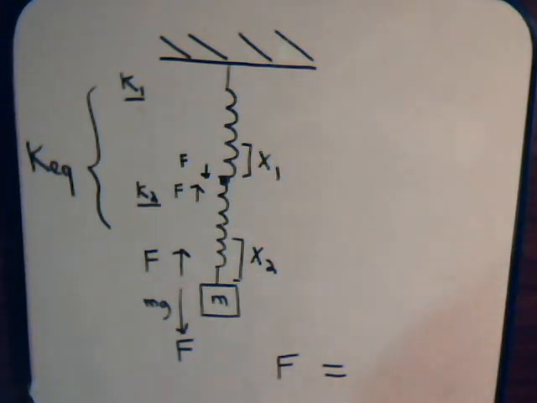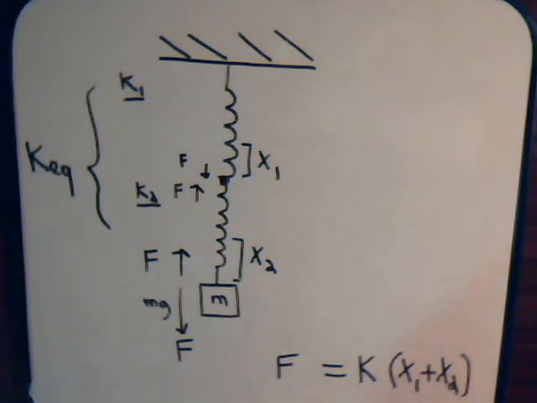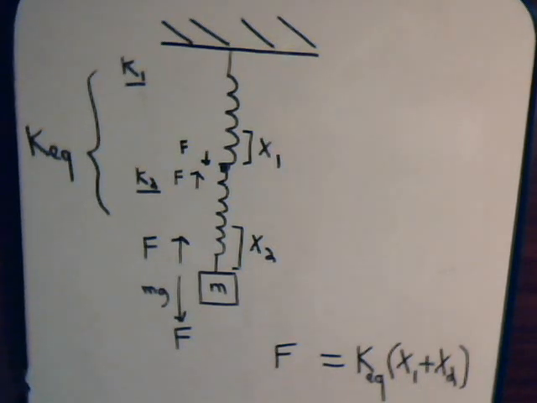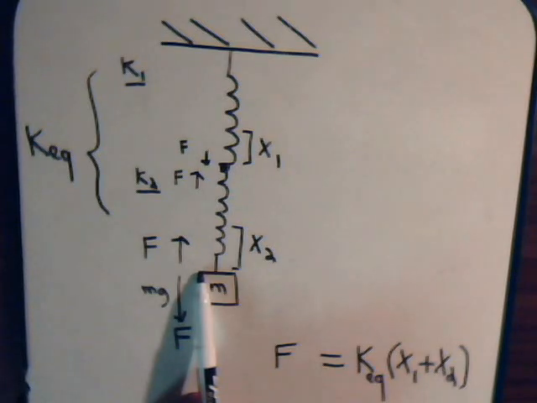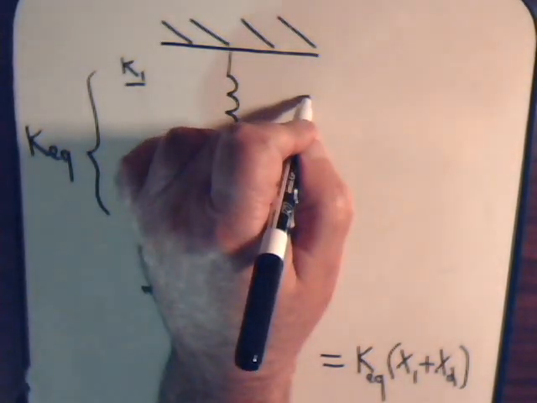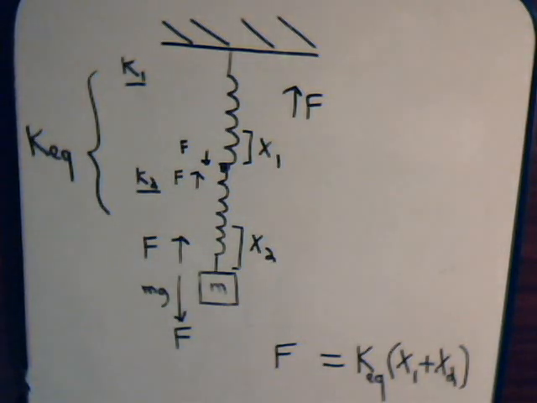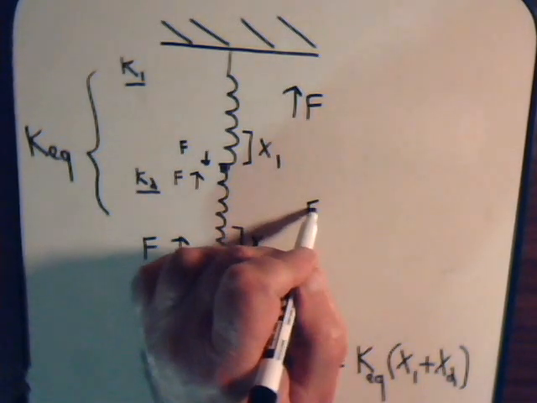So F equals spring constant times the total displacement for the entire system. Then this would have to be multiplied by the spring constant for the entire system. So we have this equation. Now, this upward force F, as we just discussed, is the same for spring 1 and spring 2. So spring 1 has an upward restoring force equal in magnitude to F. Same thing for spring 2.